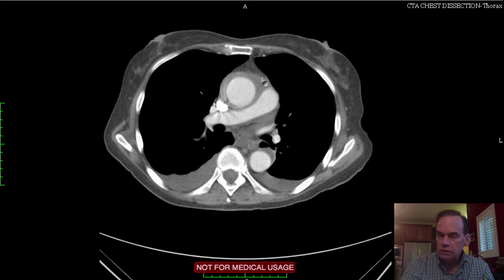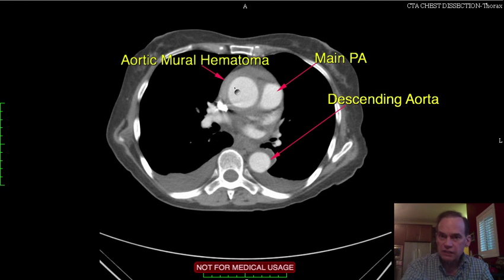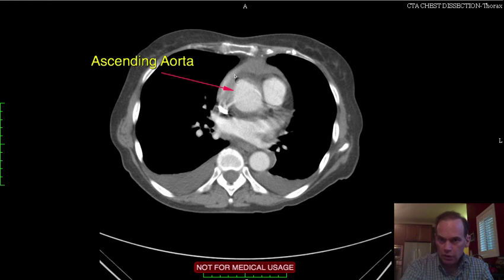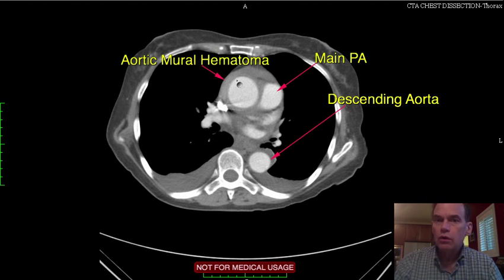And not only is it a mural hematoma of the aorta, but it has extended, as we saw before, into the pericardium. So it has broken through the exterior margin of the wall of the aorta, and some of the blood that was accumulating in the wall is now emptying into the pericardial sac.